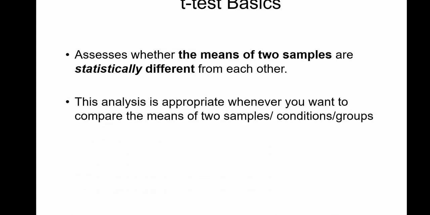For example, if we want to compare 2 samples or 2 conditions or 2 groups, we would use a t-test. And I'm also going to add in there, if we have 2 times, we're going to want to use a t-test. It could be like a before and after some sort of intervention. If we're using 2 different groups, for example, if we're testing the differences between male and female, we would use a t-test because there's 2 groups.